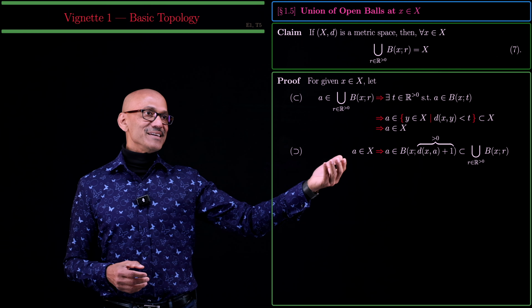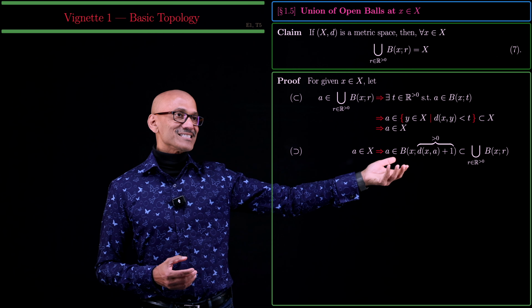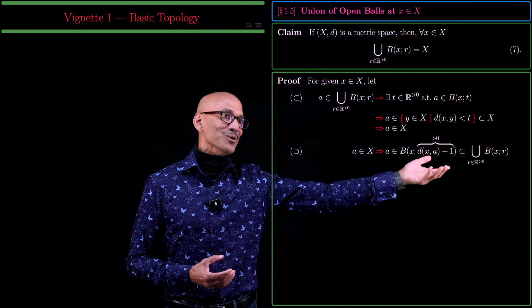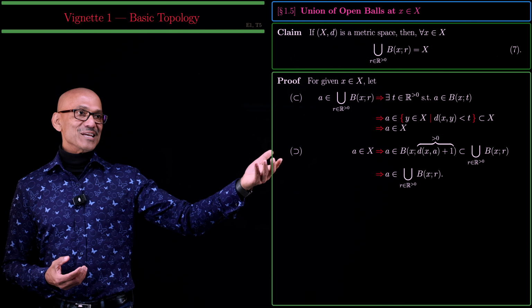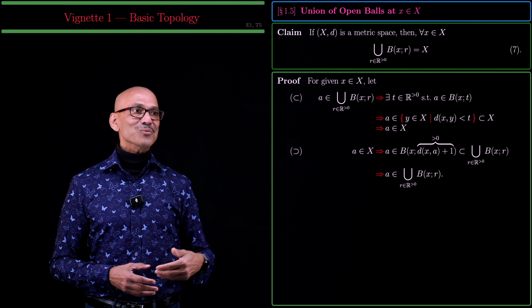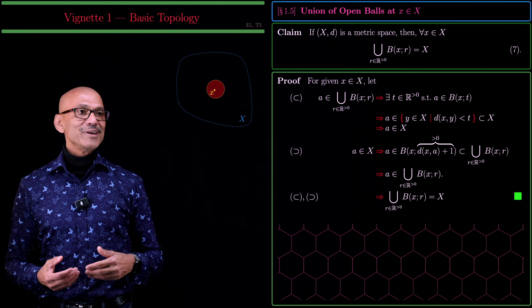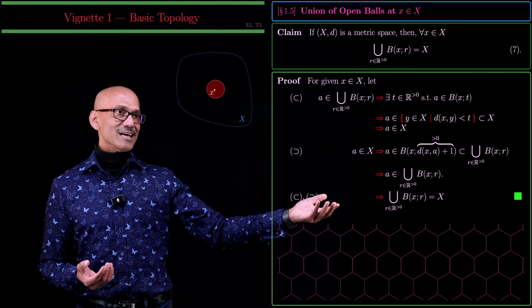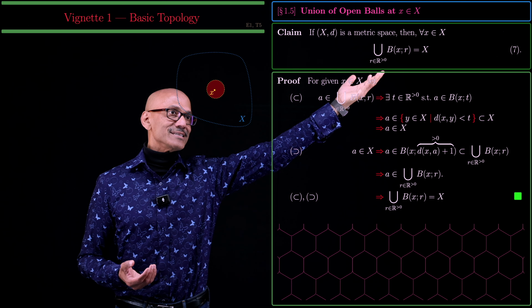And this being an open ball is a bona fide subset of the union of all open balls. So therefore, a belongs to the union of all open balls centered at x. And since we have established left inclusion and right inclusion, we have established the equality of these two sets in equation 7.